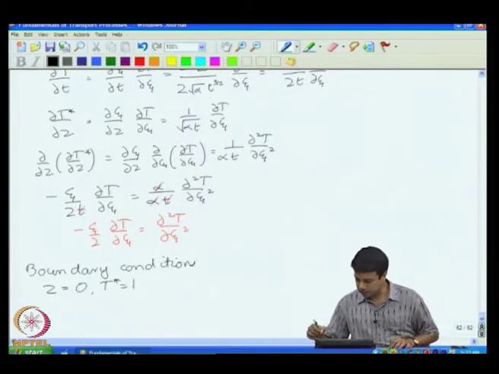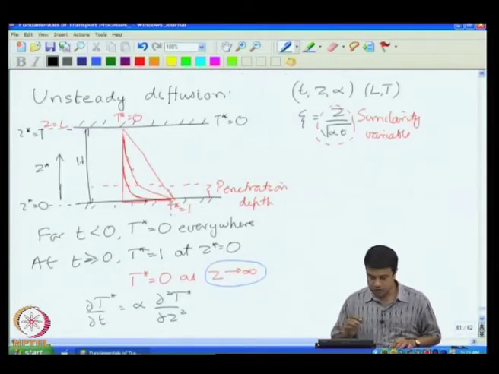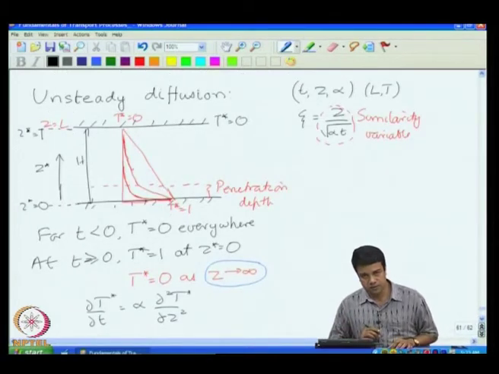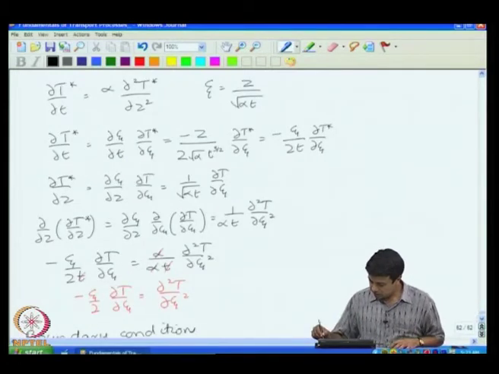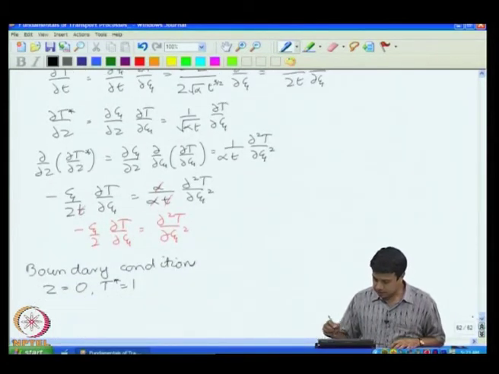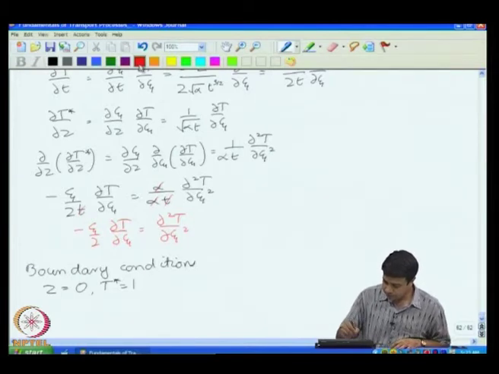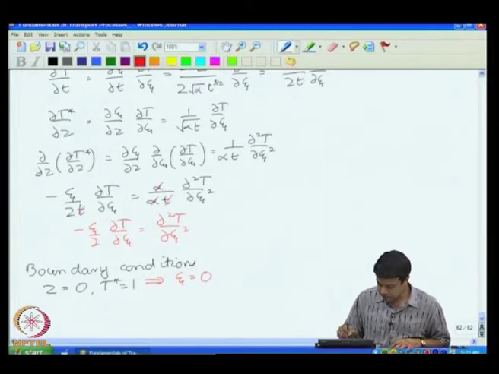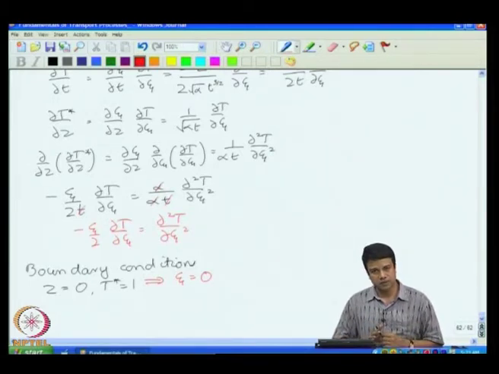So, at the bottom plate, the temperature T star is equal to 1, at z is equal to 0. So, that, z is equal to 0 is equivalent to psi equal to 0, because psi is equal to z by square root of alpha t.